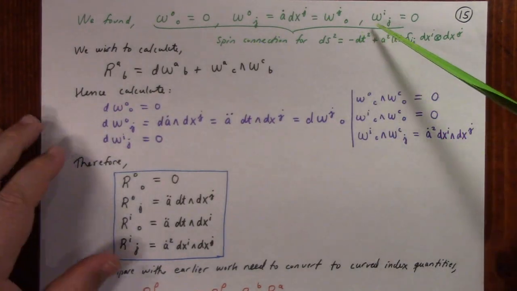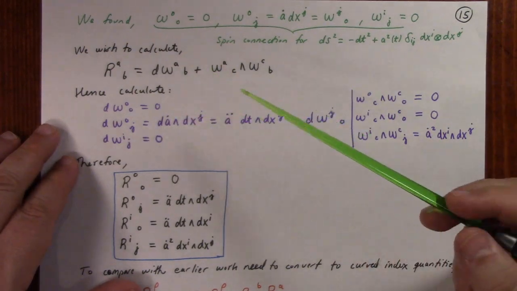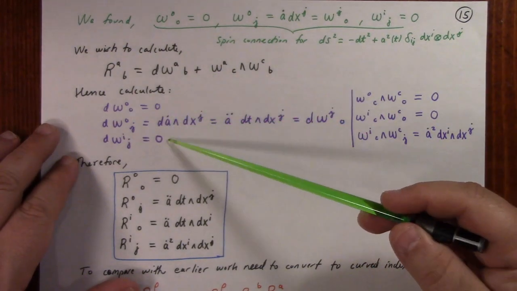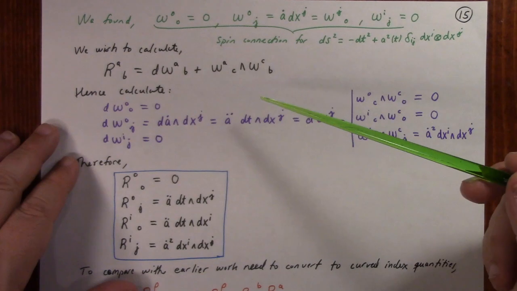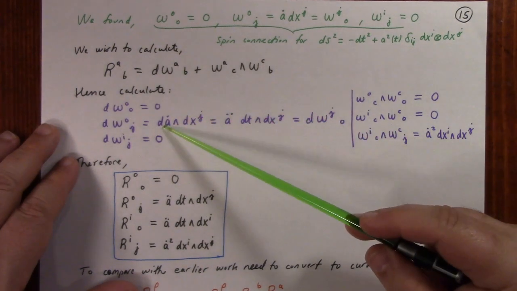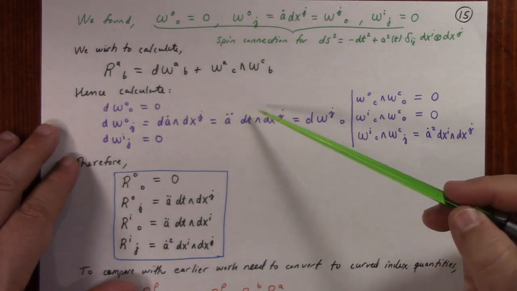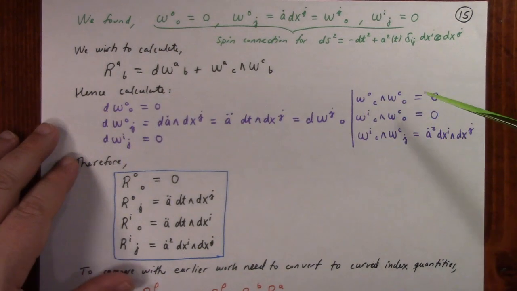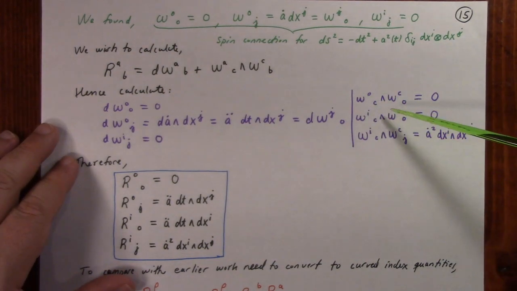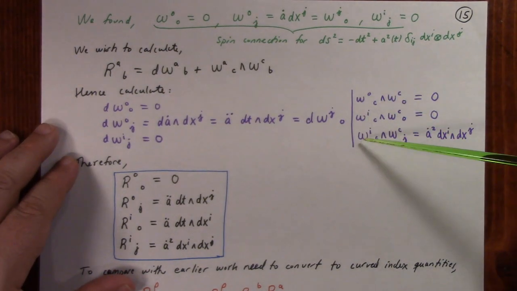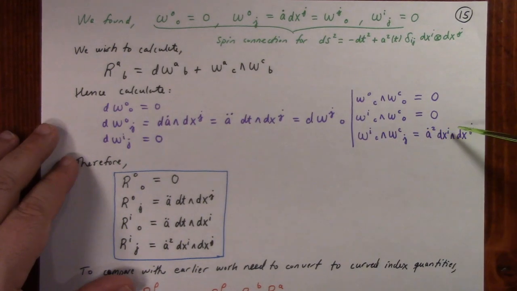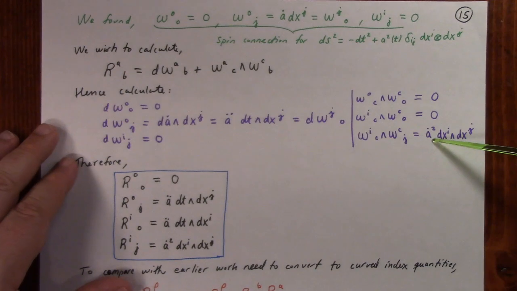I take the exterior derivative of the spin connection. It's a lot of zeros and then this one non-trivial term, which gives me a-double-dot dt wedge dx^j. I take the wedge product of omega with omega. It's mostly 0 except for this one term with dx^i wedge dx^j times the time derivative of a, squared.